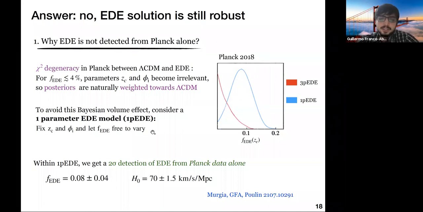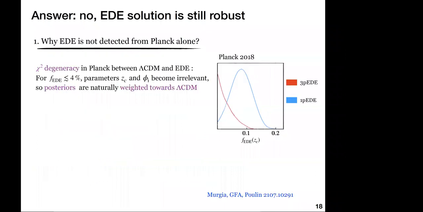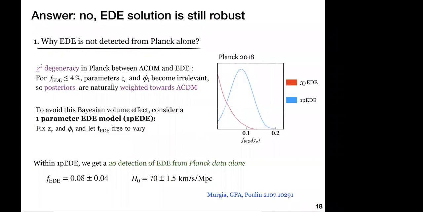But what we find is that from Planck data alone, we are able to... Sorry, I'm not sure if I understand your point. It's okay, we can talk about this at the end. Thank you. Before you go on, Samuel has also raised his hand.